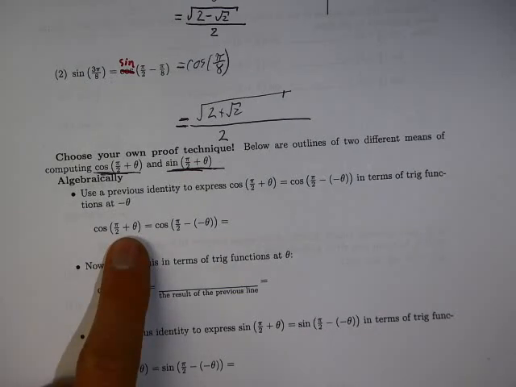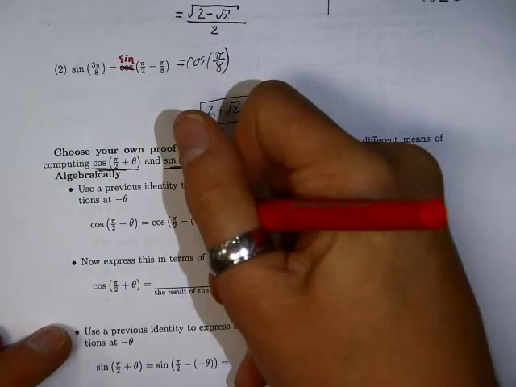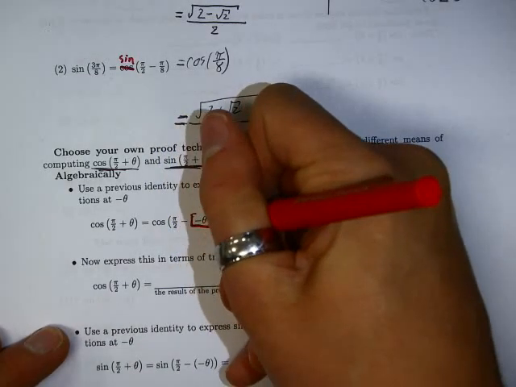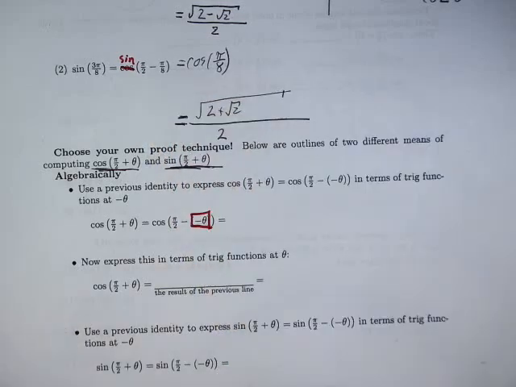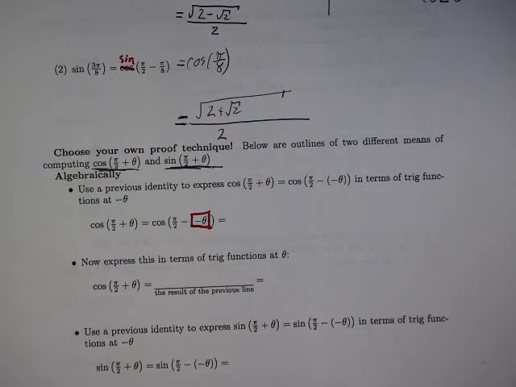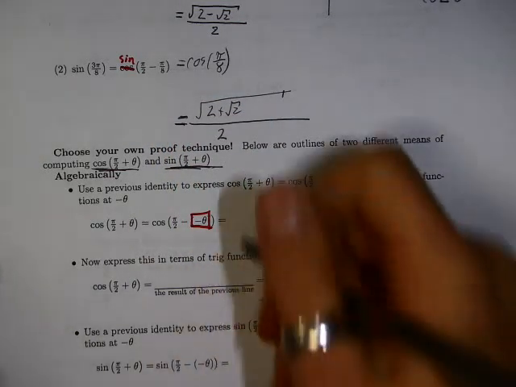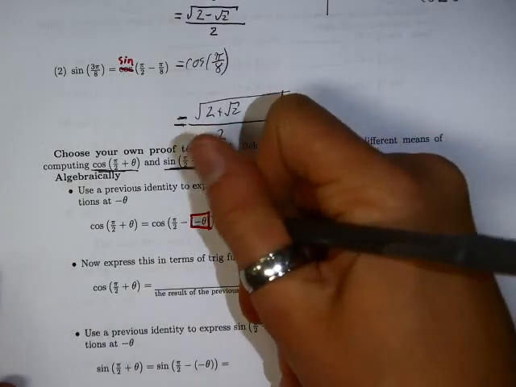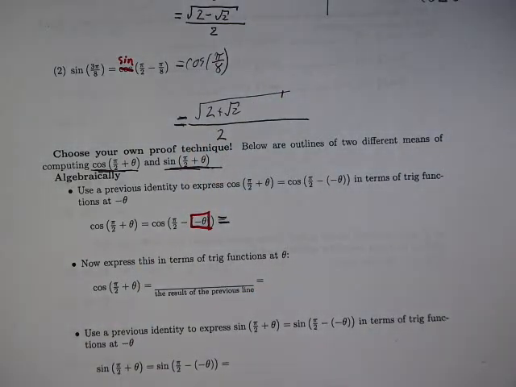So if I want to compute the cosine of pi over 2 plus theta, let's think about it as the cosine of pi over 2 minus negative theta. And for now, I'll put that negative theta just in a red box to do this next manipulation. So what is the cosine of pi over 2 minus a thing?